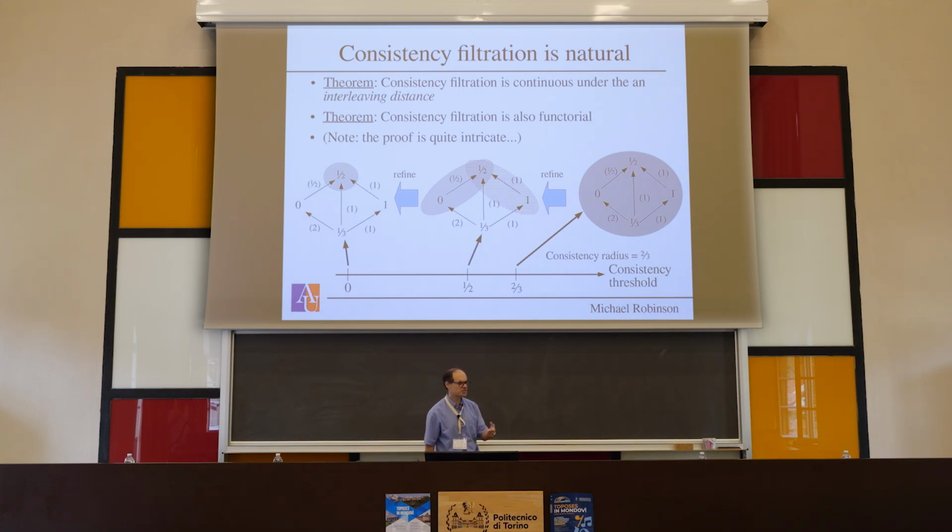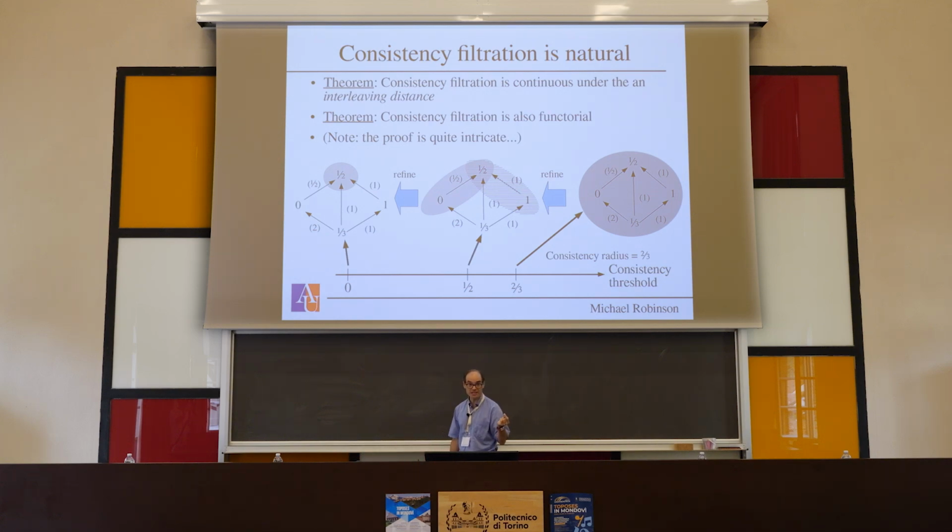But it turns out this consistency filtration, which is this somewhat elaborate sheaf of covers on the real line, is not only functorial, but also continuous. It is continuous in a reasonable way, but it's a little subtle.